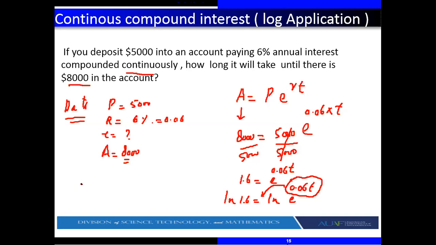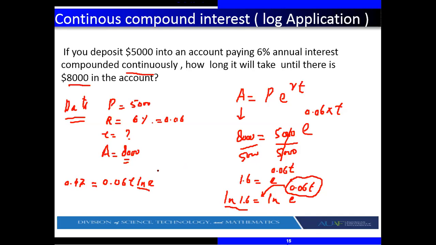So what will be the result? We have the log of 1.6, so find out ln 1.6. ln 1.6 equals 0.47. So we have 0.47 equal to, we can write this side in the form of 0.06 t into ln e.